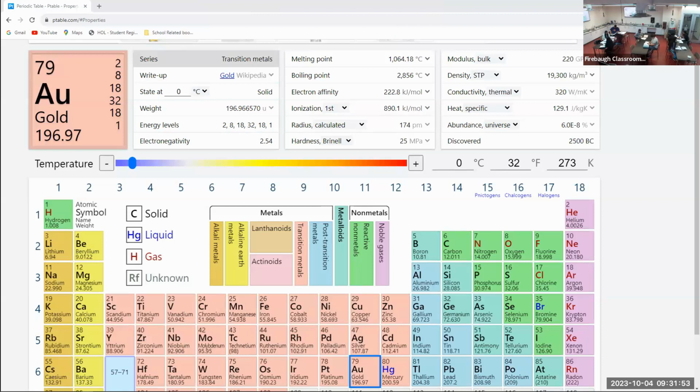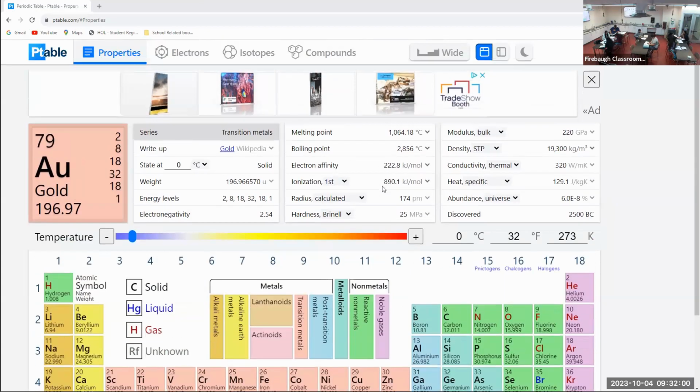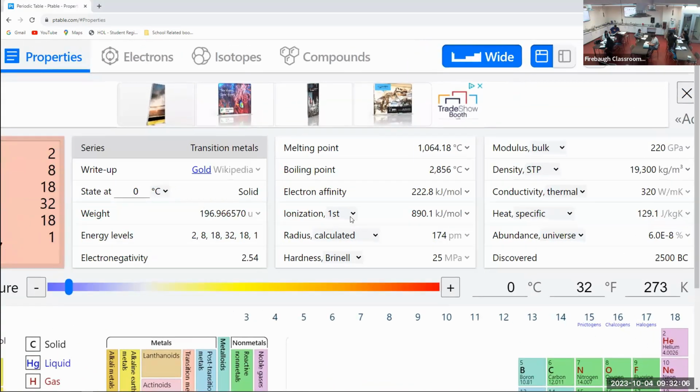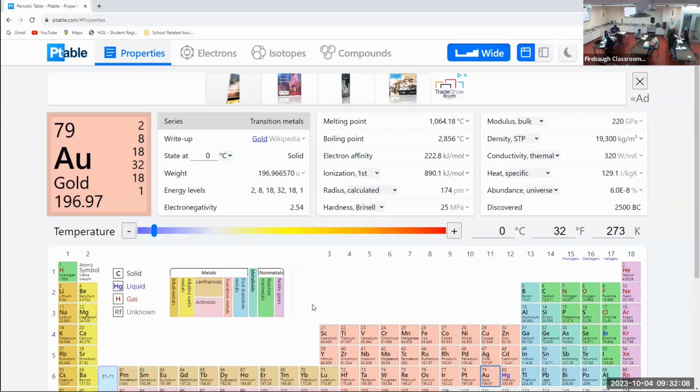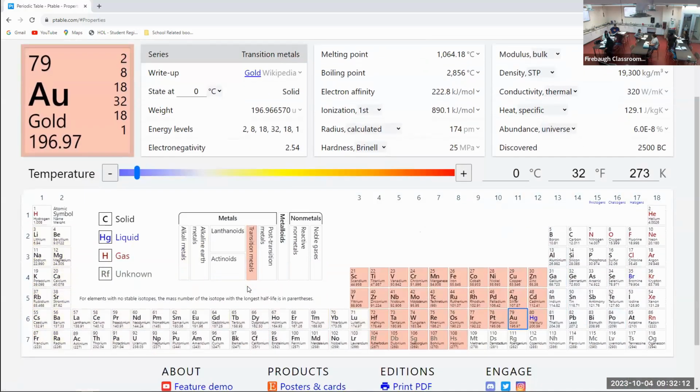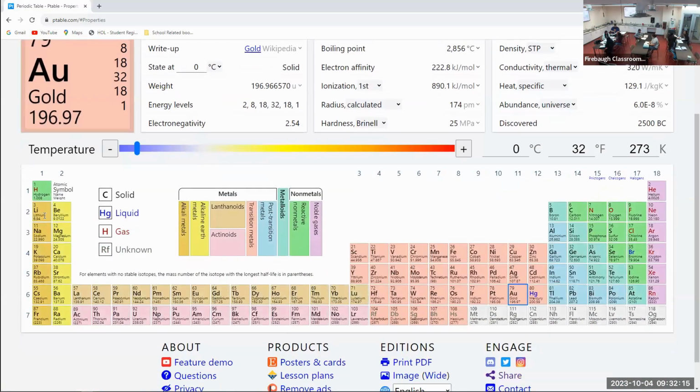So one thing that I want to point out, and I think I pointed this out to you before, the periodic table doesn't really look like this. There's one other thing that happens. This is what the periodic table really looks like. Okay? Can you guys do me a favor?